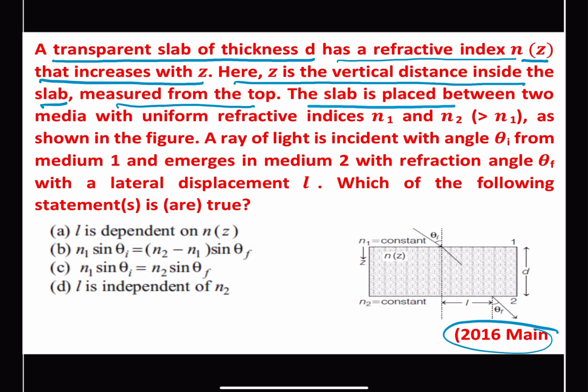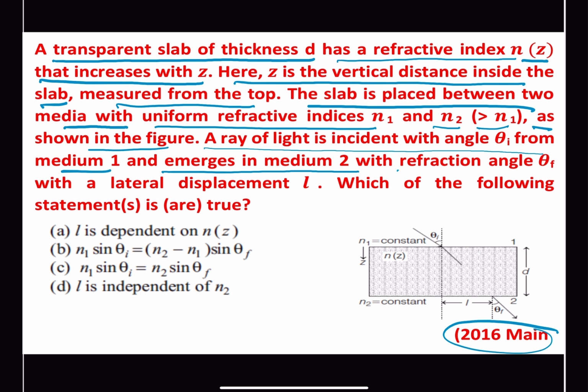The slab is placed between two media with uniform refractive indices n1 and n2, where n2 is greater than n1, as shown in the figure. A ray of light is incident with angle theta i from medium 1 and emerges in medium 2 with a refraction angle theta f with a lateral displacement L. Which of the following statements is or are true?